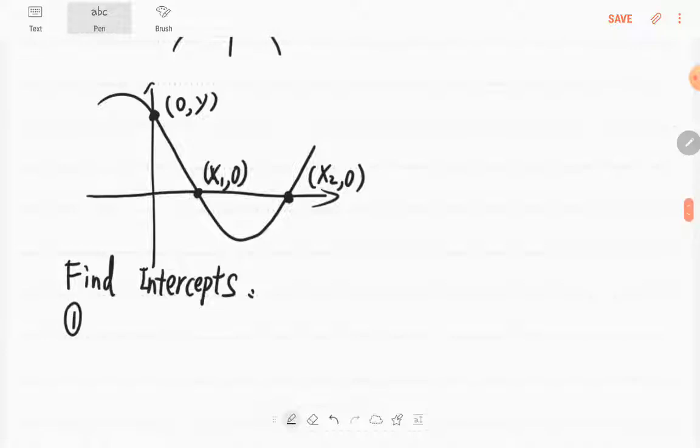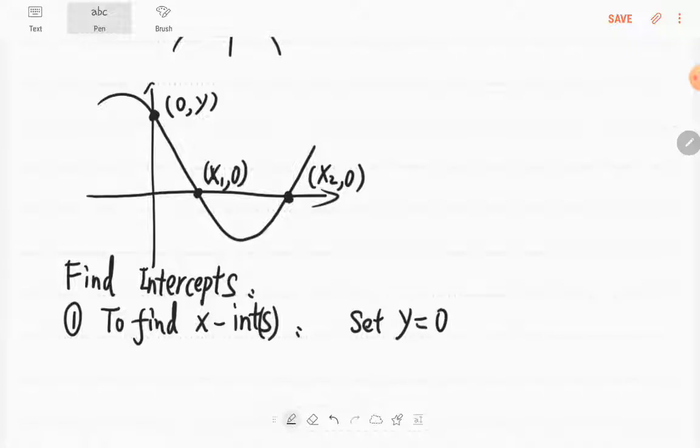So first, let's look at how to find the x-intercept. Very easy, because for the x-intercept y is always 0, so we just set y equals 0 in the equation and solve for x.